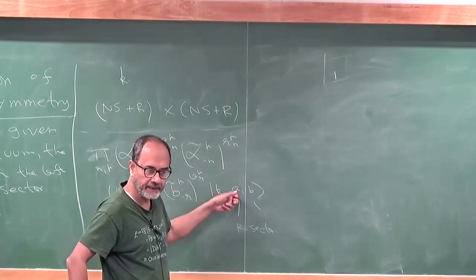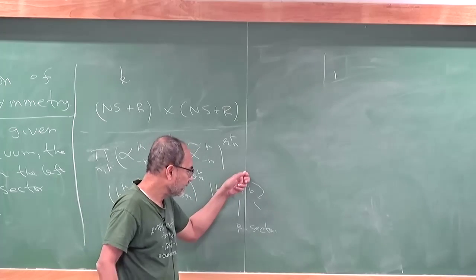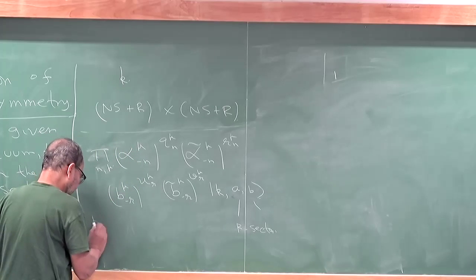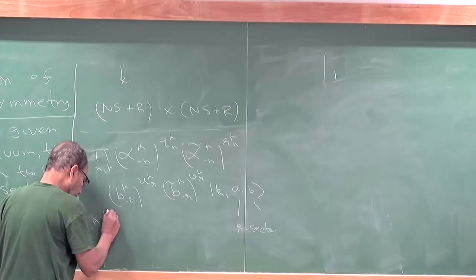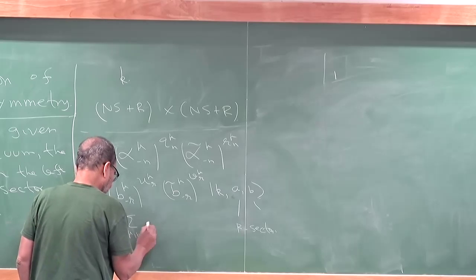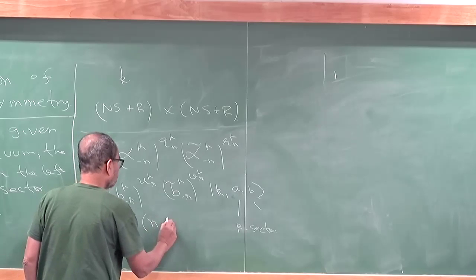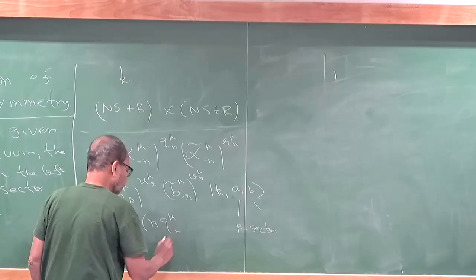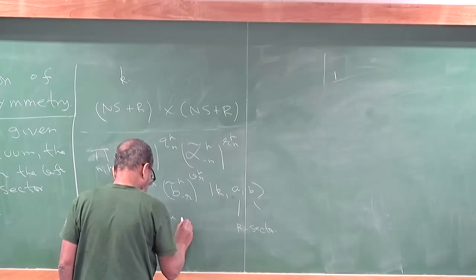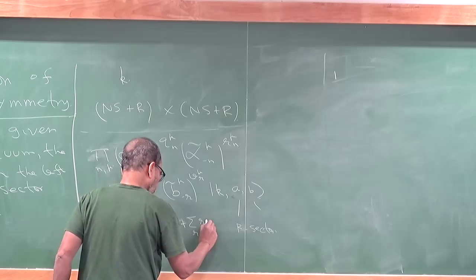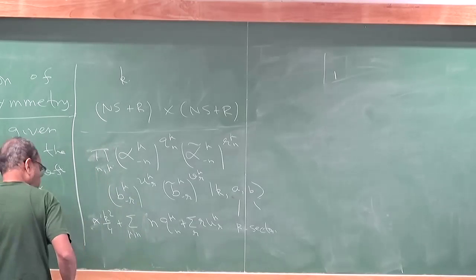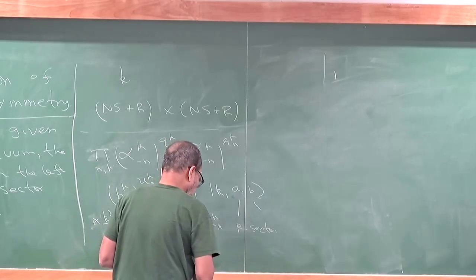In the Neveu-Schwarz sector there is no label. And then the level matching condition is that alpha prime K squared by 4 plus the sum over mu and n is equal to C.